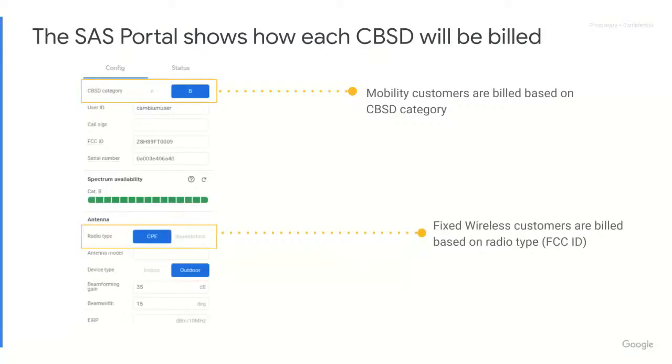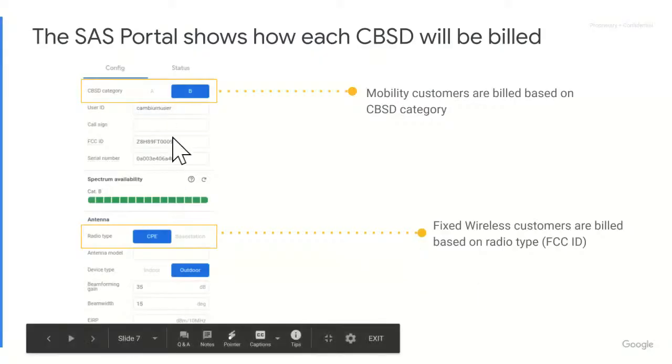One of those topics is the new SAS Portal UI, and I suggest that you go and take a look at that because that is coming to production soon. If you want to see it live, you can do that via the staging SAS instance. And the screenshot you see here is from the new SAS Portal.